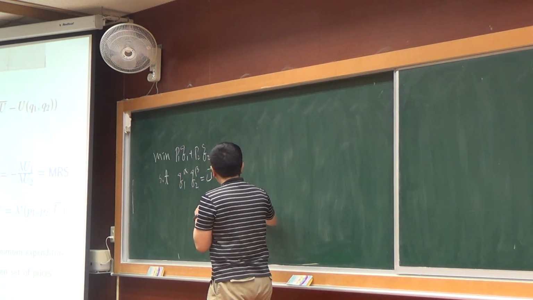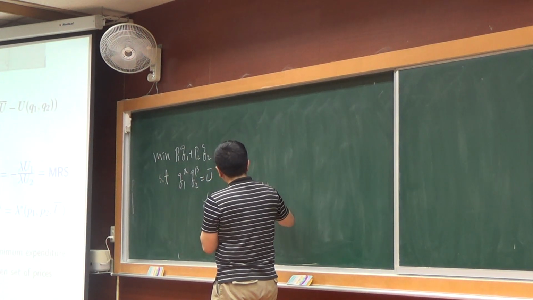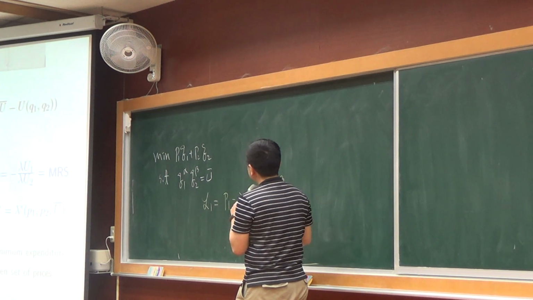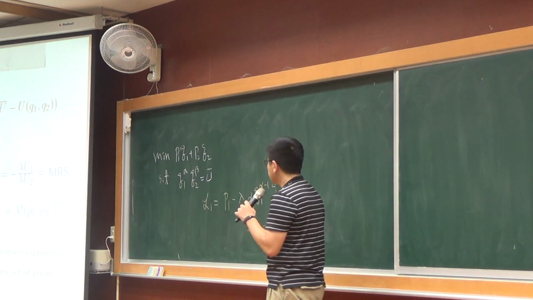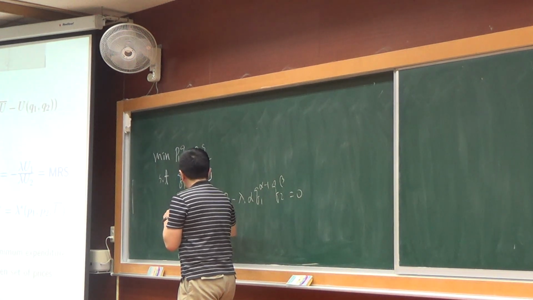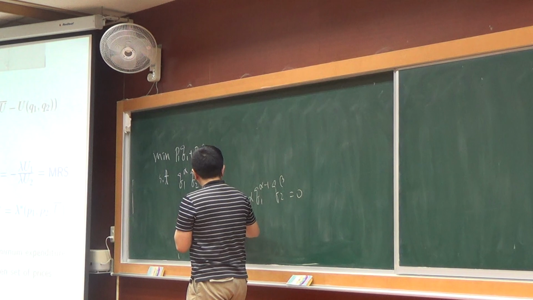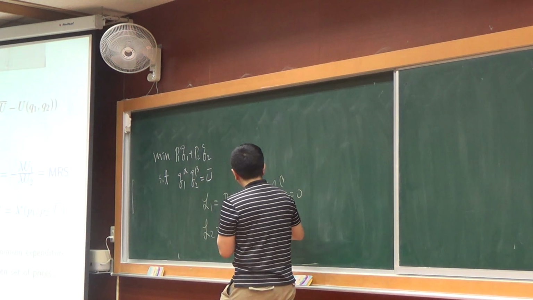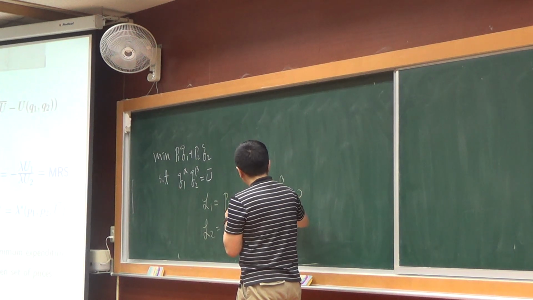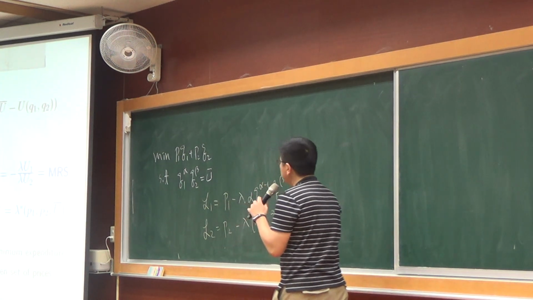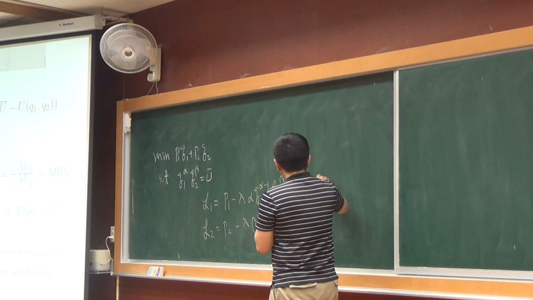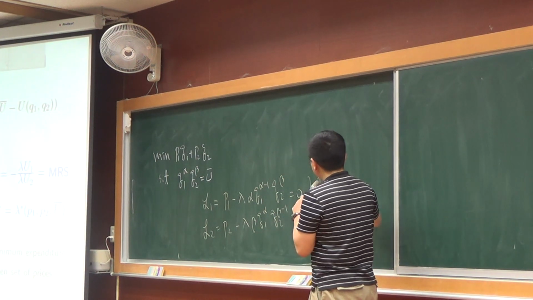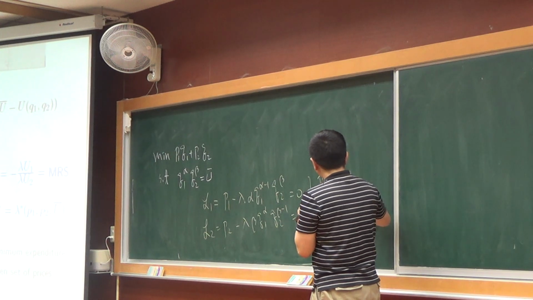U1 would be alpha Q1 to the power of alpha minus 1 Q2 to the power of beta. And Lagrange 2 would be P2 minus lambda beta Q1 to the power of alpha Q2 to the power of beta minus 1 equals 0. And now we have P1 over P2 equals alpha over beta times Q2 over Q1.